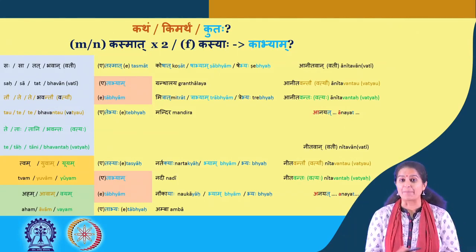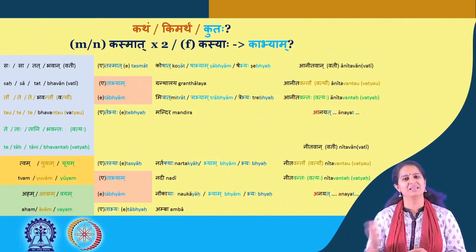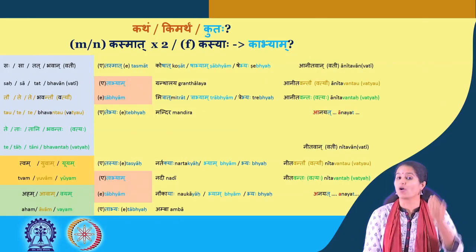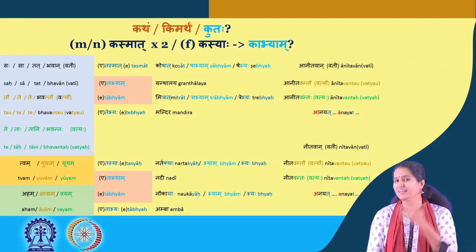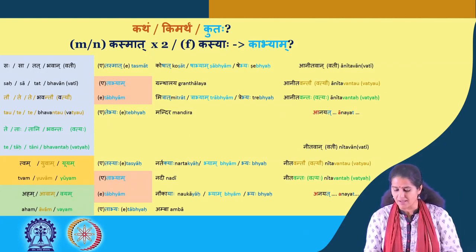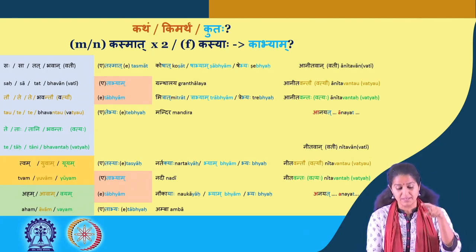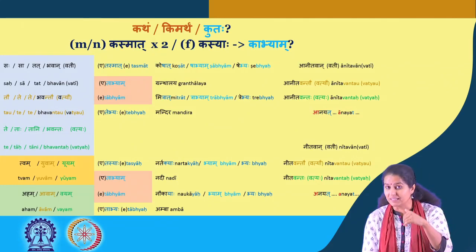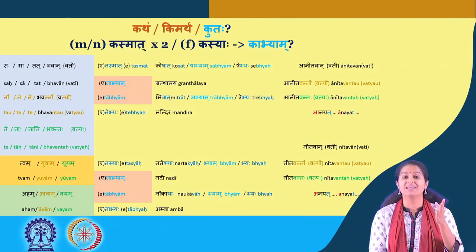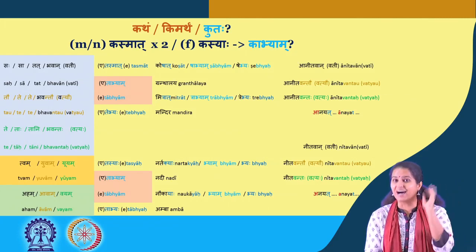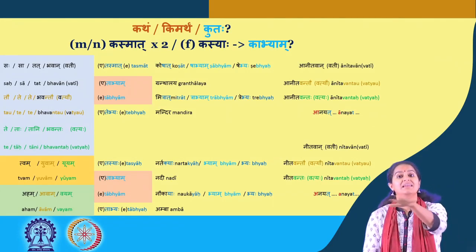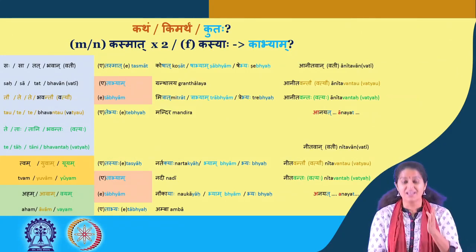Uttamam. Let's see what happens to the feminine here. So we have the word nartaki, meaning dancer. So nartakyaha anitavan, or nitavan. Let's take nitavan or nitavati. Nartakyaha nitavati, nartakibhyam nitavati, nartakibhyah nitavati. Nadi, nadyah nitavati, nadibhyam nitavati, nadibhyah nitavati.